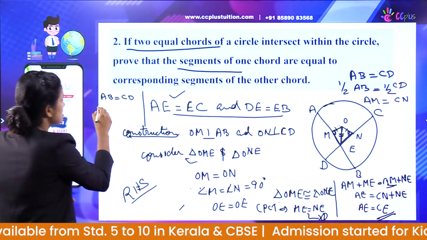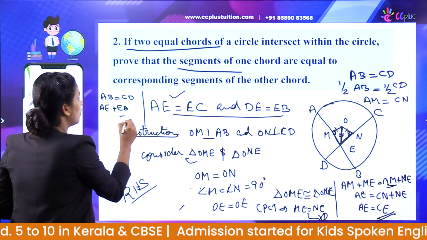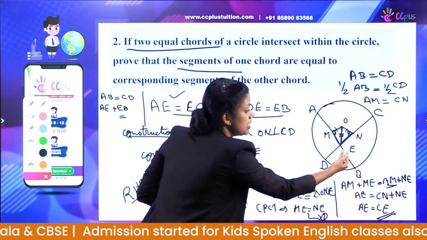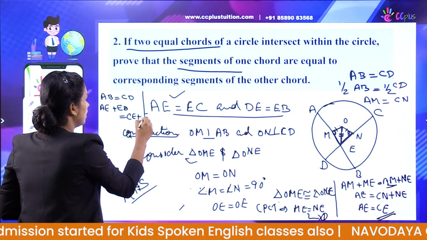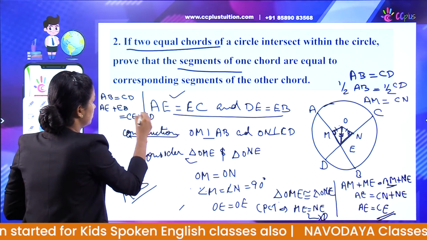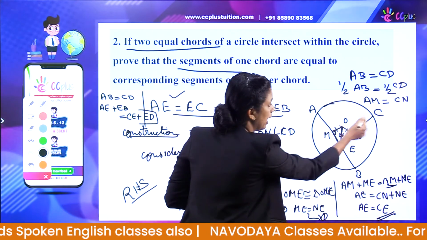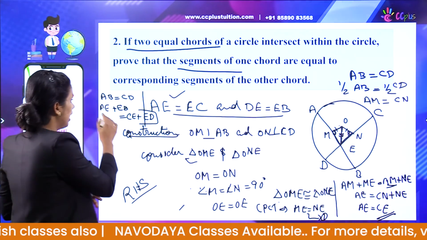CD can be written as CE plus ED, right? So, if we observe, we proved AE and CE are the same.